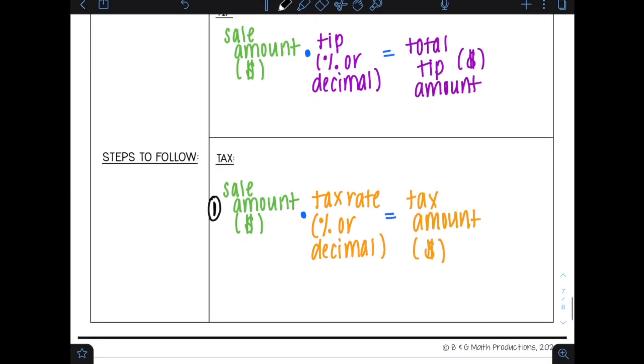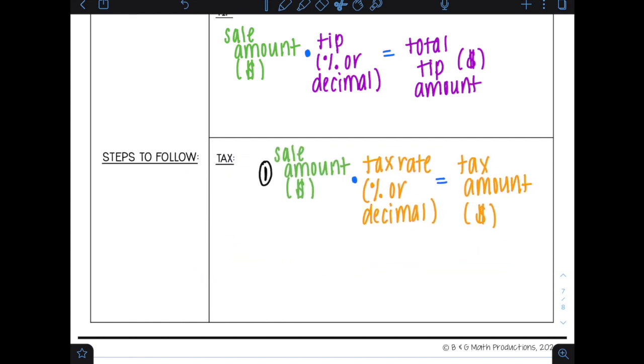Like I said earlier, you want to make sure that you are taking your tax and adding it back to the original amount.